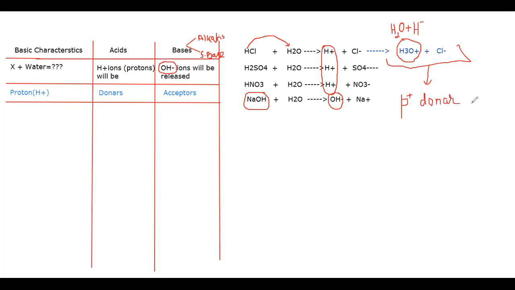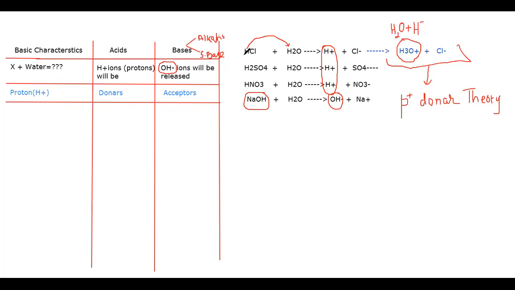Why do we use that theory? Because to understand the concept of ammonia, one of the common things that you need to understand here, I'm going into a little bit of detail.